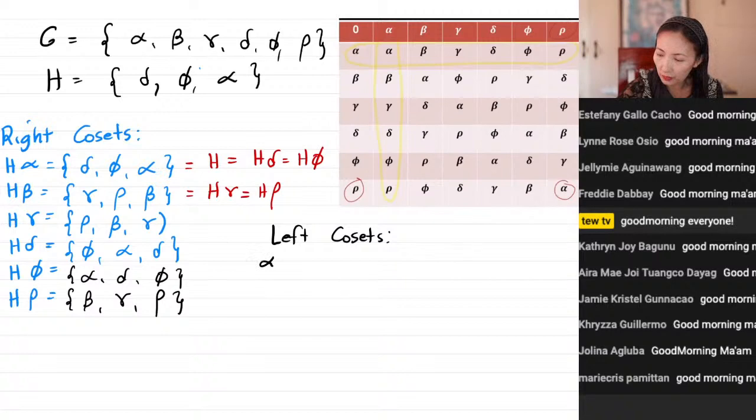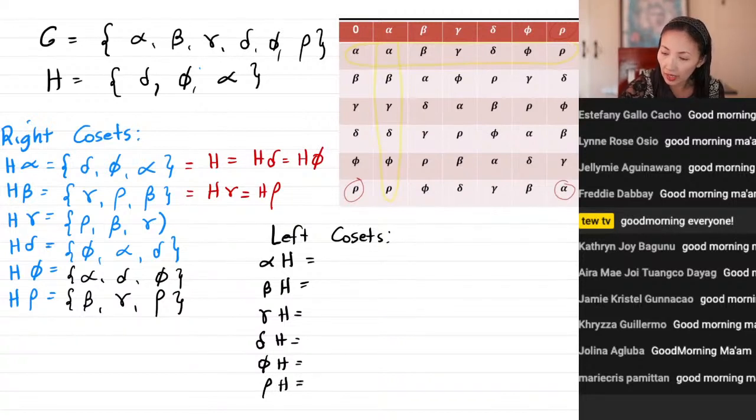Alpha H, beta H, gamma H, delta H, phi H, and rho H. Let's start with alpha H. Alpha multiplied to all of this will give the same set of elements because alpha is the identity element. So this one gives delta, phi, and alpha.